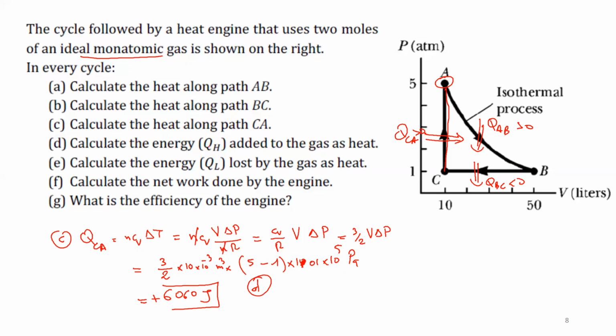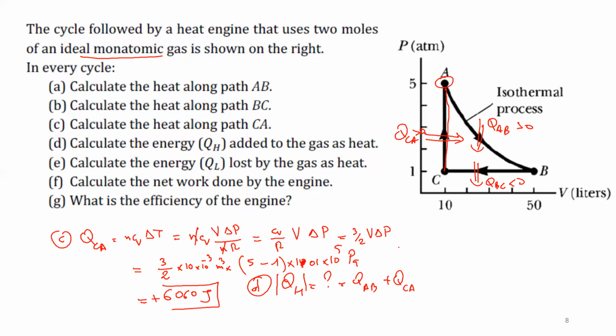Calculate the heat added to the gas. So what is QH? During this cycle, heat is added to the gas. Calculate QH. What is QH? Of course, QH will be all the positive heats. It will be QAB plus QCA.